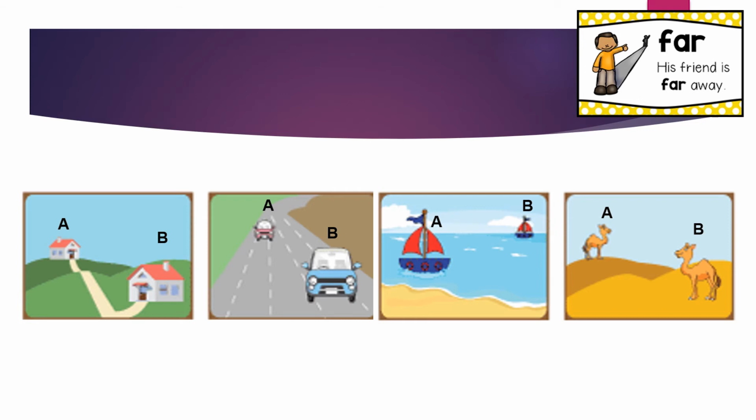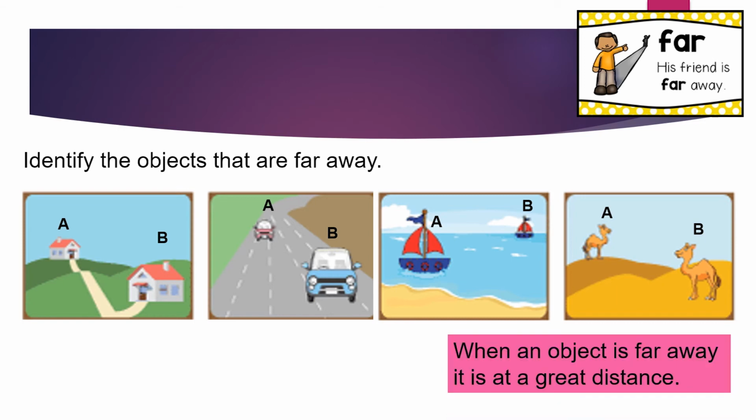In the first picture, house A is far away from house B. In the second picture, car A is far away from car B. In the third picture, boat B is far away from boat A. And in the fourth and final picture, camel A is far away from camel B. Wonderful.